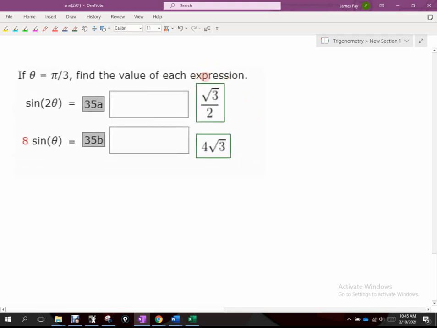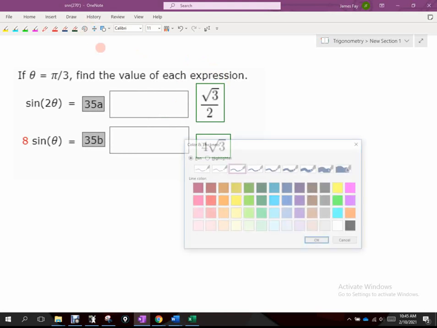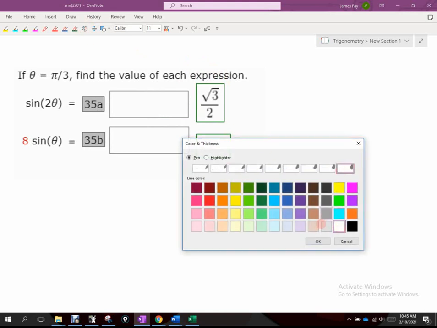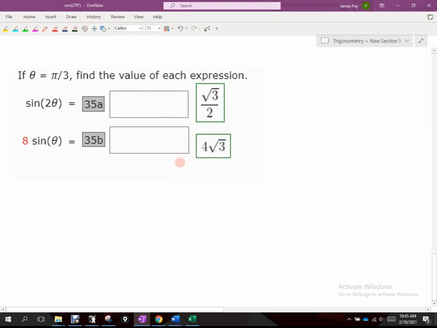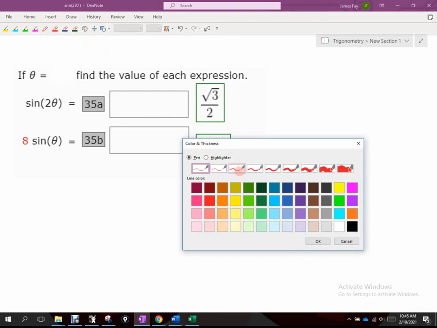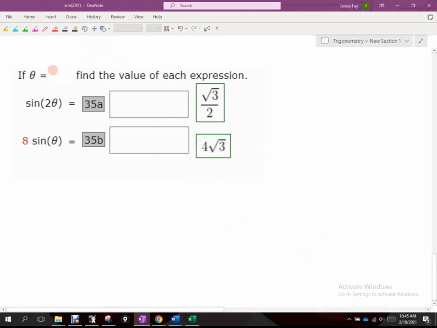Just because of where we're at right now with radians and degrees, you can do this in radians, but I think you're going to be a little bit more successful if we take pi over 3 and change it to, anybody know how many degrees that is? 60 degrees. If you forget that, pi over 3 times 180 over pi gets me to 60.